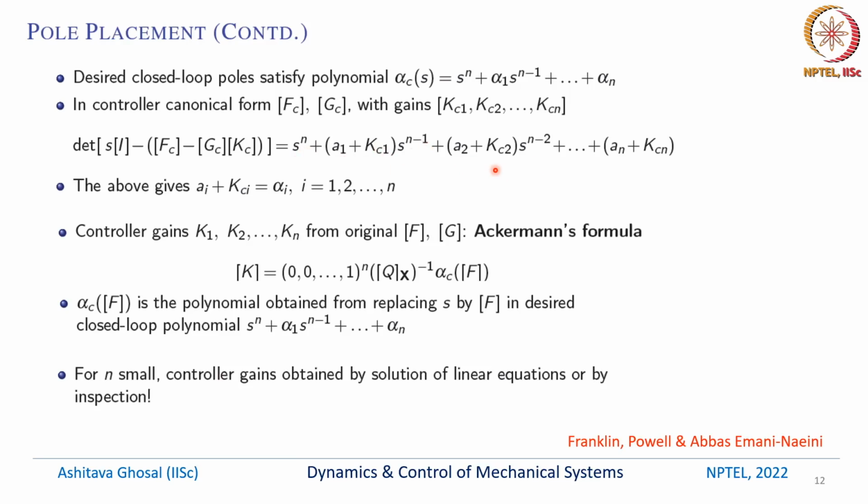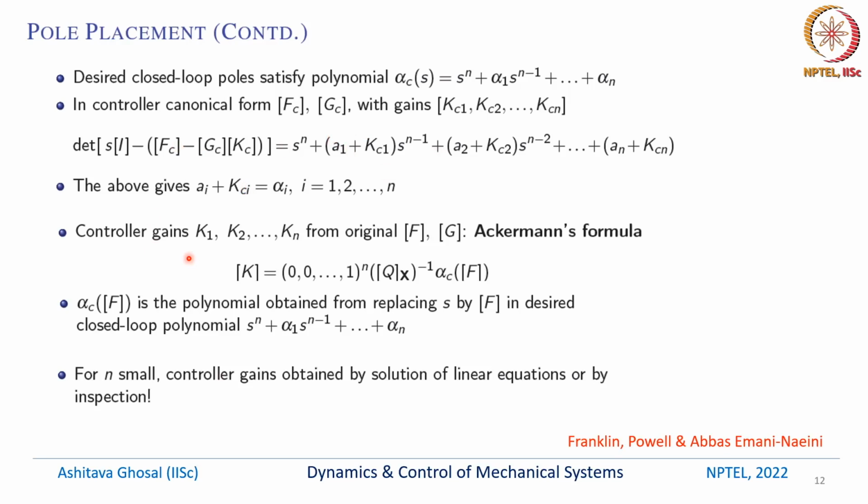At least for the cubic example, I worked out all the steps. Here we are extending it to n dimensions, when x is n by 1. So the above gives that ai plus Kci is alpha i. So you can easily find the gains if it is given in the controller canonical form.